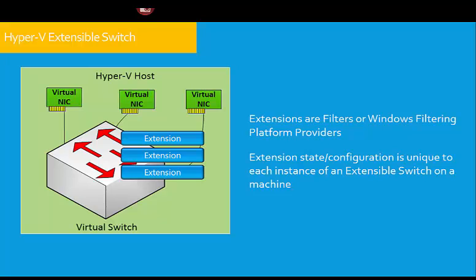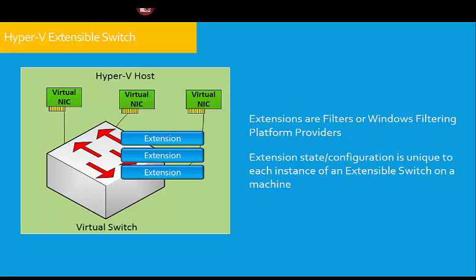An internal extensible switch supports ports that connect to one or more internal network adapters, as well as one or more virtual machine network adapters. This type of switch allows packets to be sent or received between the Hyper-V parent partition and one or more Hyper-V child partitions on that host.